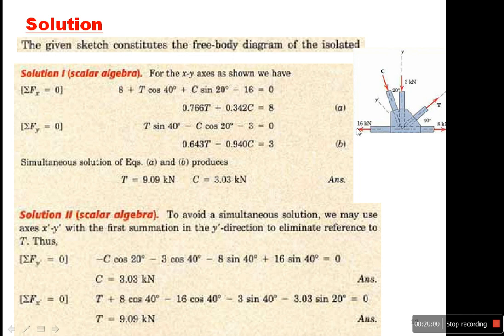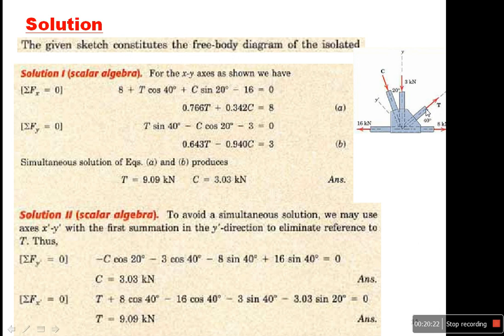So 16 sine 50, I will get a component in this direction but minus, because it is in the opposite direction of T. Minus 3 sine 40, this angle is equal to 40 and this angle is equal to 50.